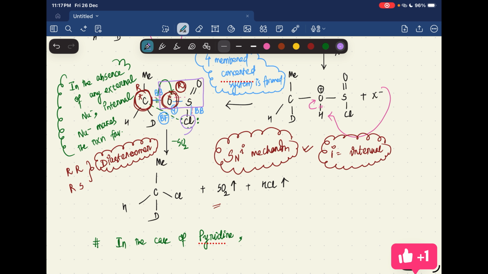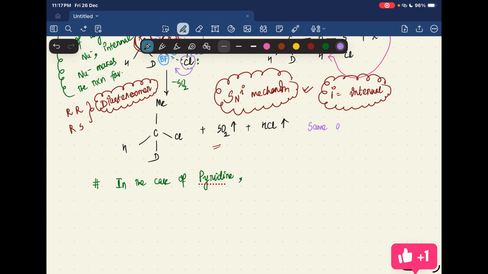So there is the same direction of removal of the leaving group, I mean removal of SO2 and attacking of Cl minus to the carbon.